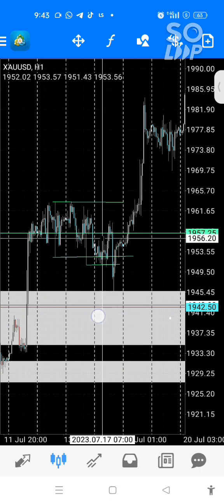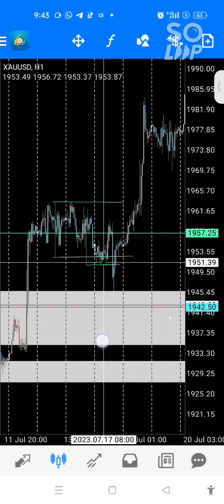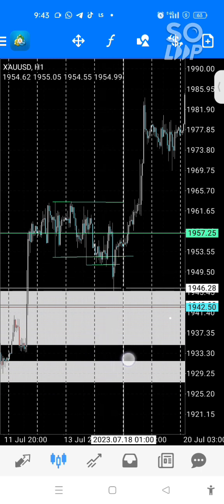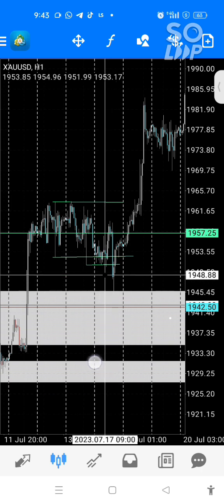I know after this class, a lot of you will want to start picking this liquidity setup, and you will painfully do it wrongly. I'm not saying I'm not.